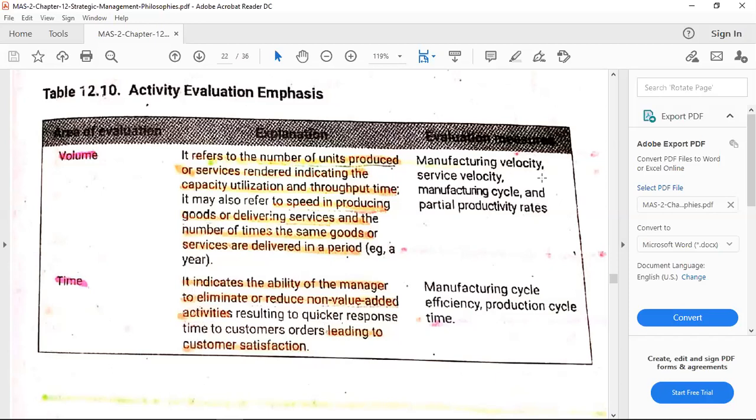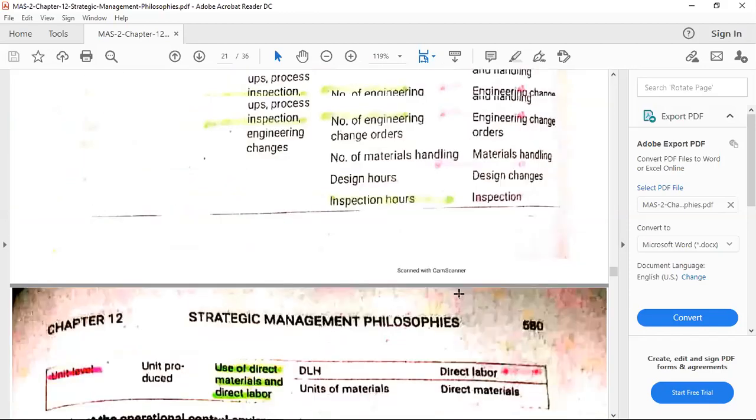That's why in volume, we discussed a while ago the manufacturing velocity and the manufacturing cycle efficiency. That's with respect to time a while ago. The formula is process time over throughput time. If you can recall, throughput time is the sum of the process time plus wait plus move plus, what is that?